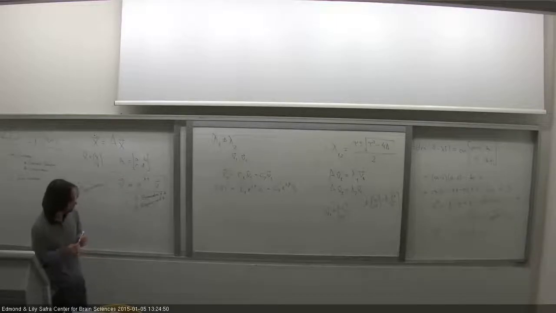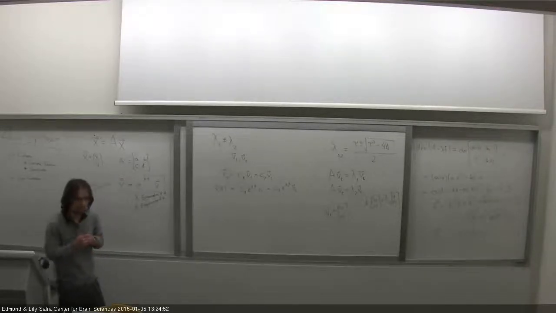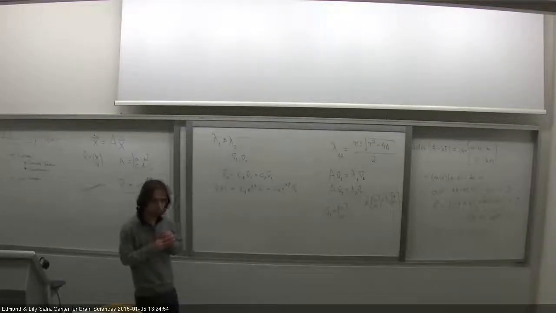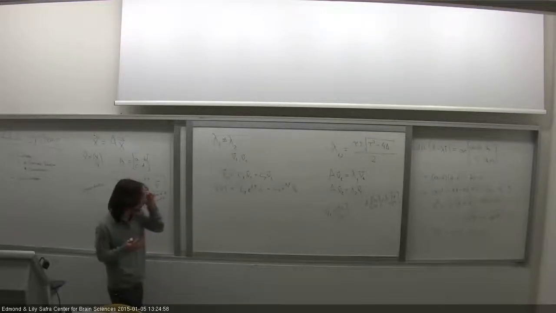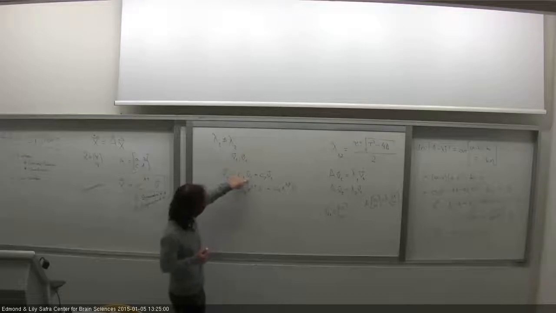And what this means is that our system is basically living in the system of coordinates of these two eigenvectors.